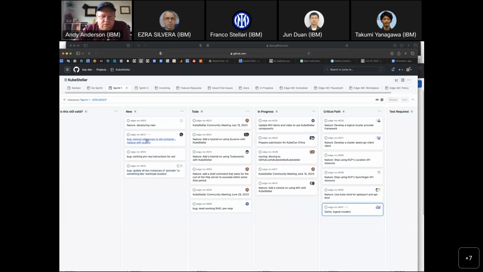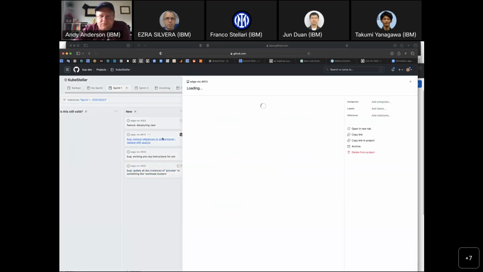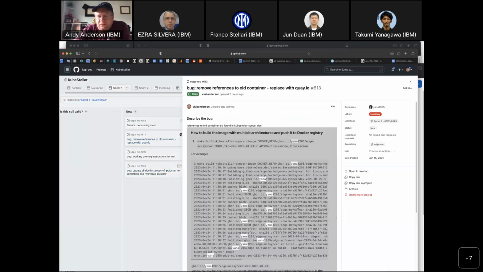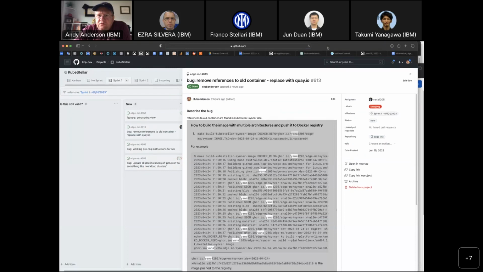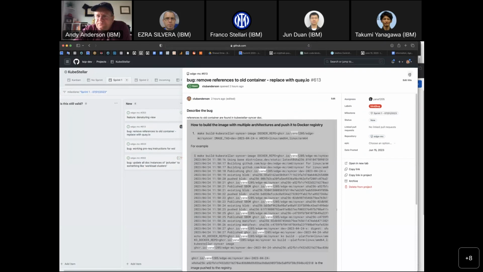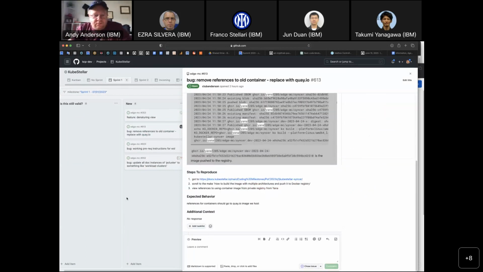All right. Remove references to old containers. So Yana, I noticed that in the instructions for the KubeStellar syncer, there's references to the GHCR.io Yana 1205. Can we update this to go to Quay? Yes, but I don't have access to Quay.io, so I cannot show the example output.